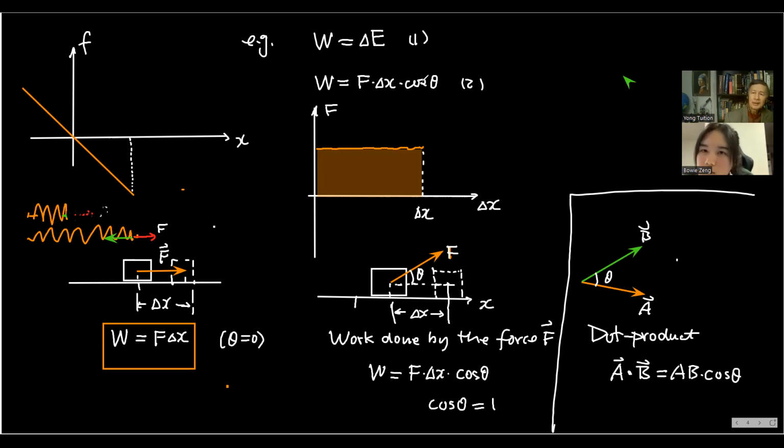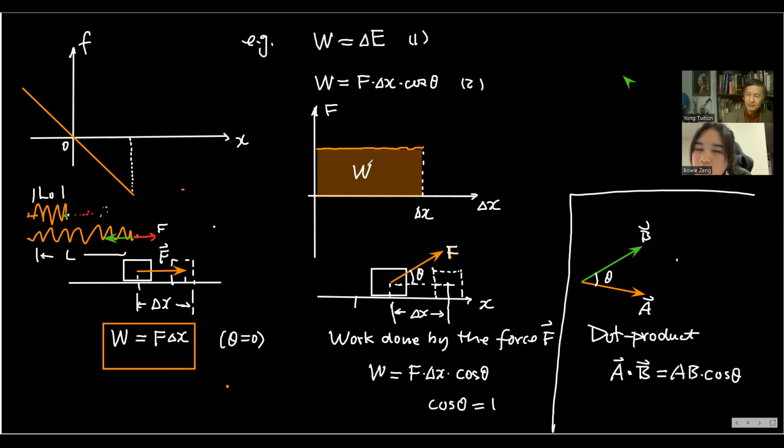I just ask you a question. Do you know how much work has been done when we make this spring longer from the original length L0 to the extended length L? Can you work out how much work has been done? Based on this idea, this area will represent the work done.